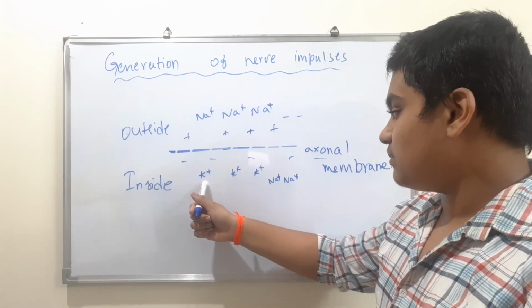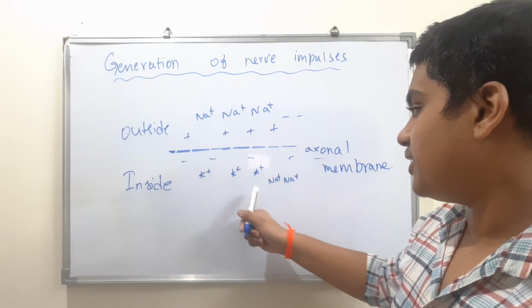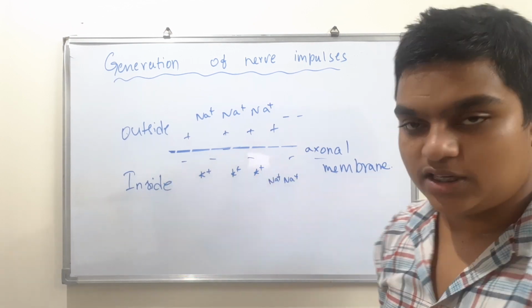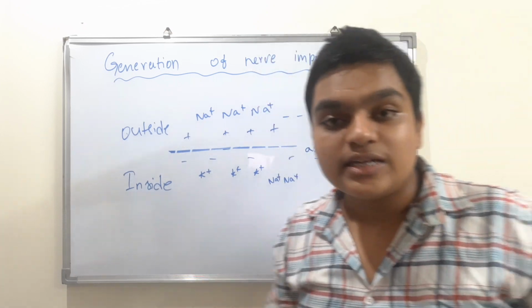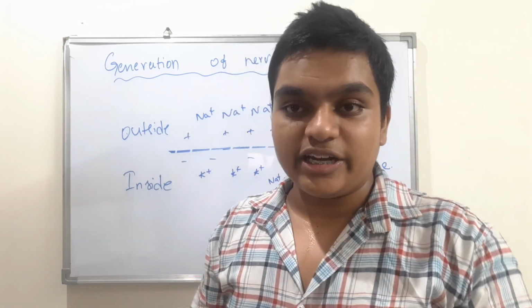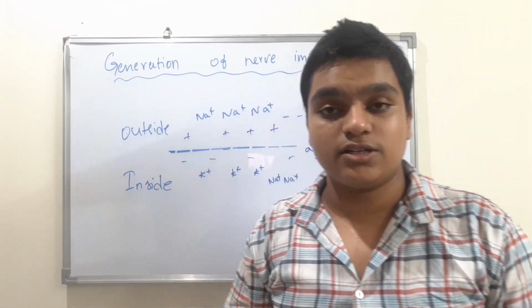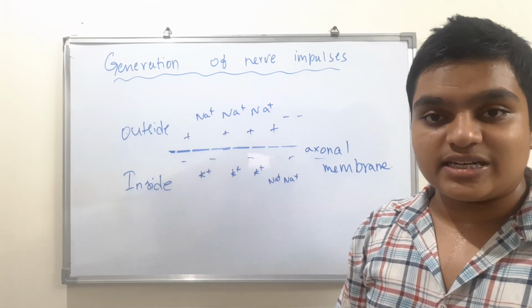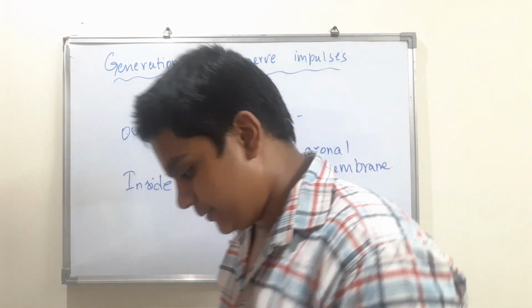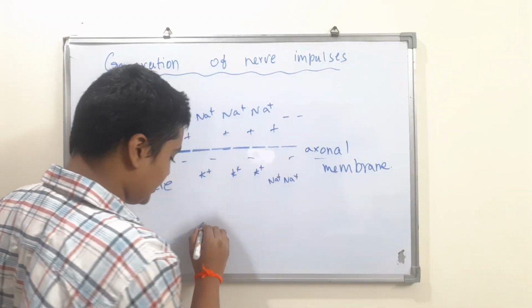Now, since there are fewer sodium ions, more negative charge and more potassium ions inside, the inner membrane is negatively charged. The inside of the axonal membrane is negatively charged. Now what happens is, if a stimulus is applied... this is a resting condition.